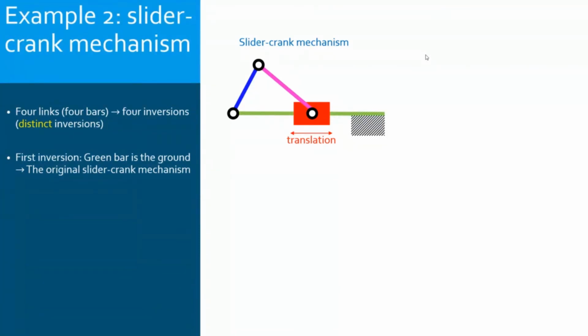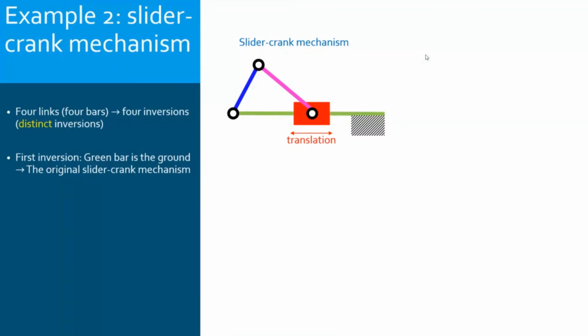Also, the blue bar has a pin joint with the green, but the green is the ground. So actually, the blue bar is rotating with respect to the ground. Here, the blue bar will have a fixed axis rotation. And mostly, depending on the length, it can complete 1 full rotation, so it is a crank.